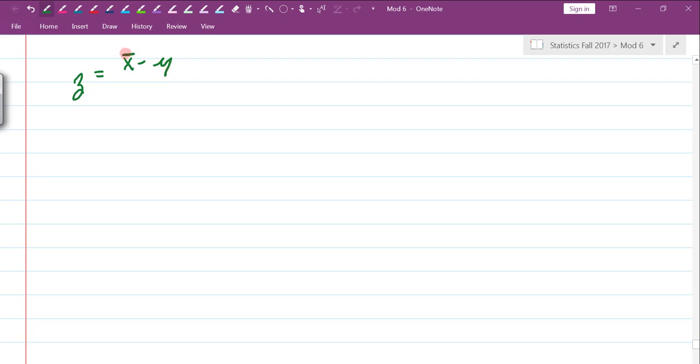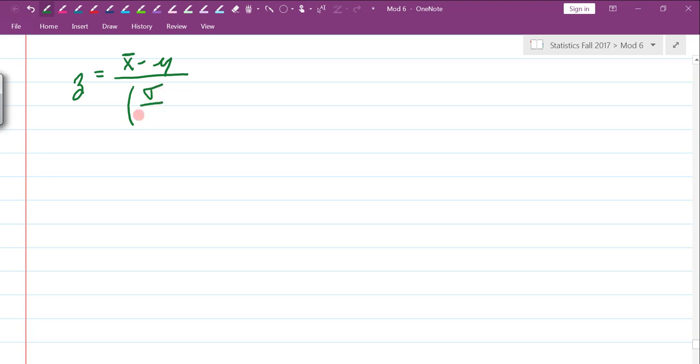Our item of interest now is not the probability of x, it's the probability that x bar will be a certain value. So we're standardizing our x bar, our mean, from the sample. So this is a sample mean. We're going to subtract off the population mean. We're going to divide it through by sigma divided by the square root of n.